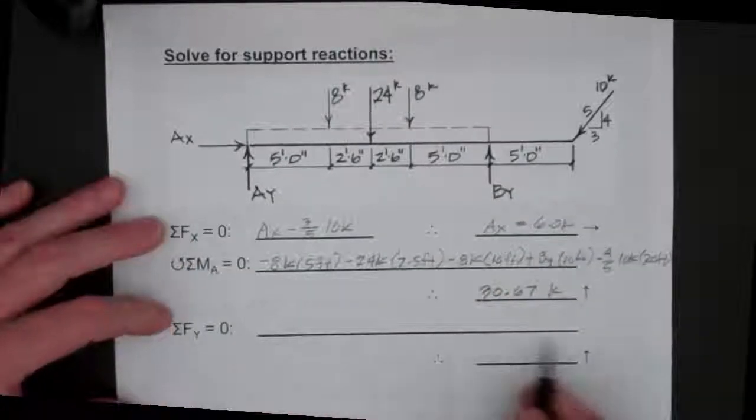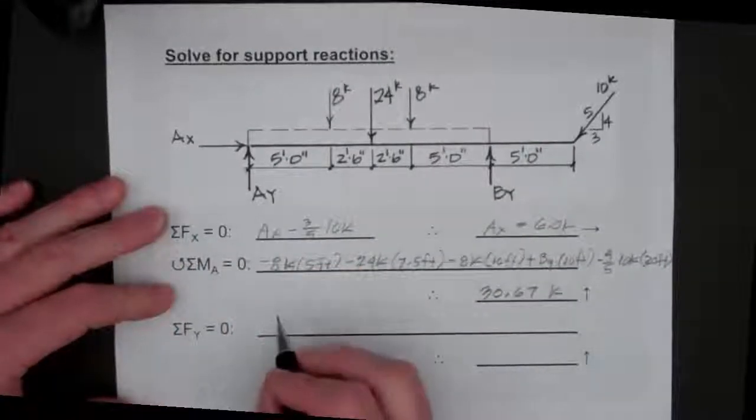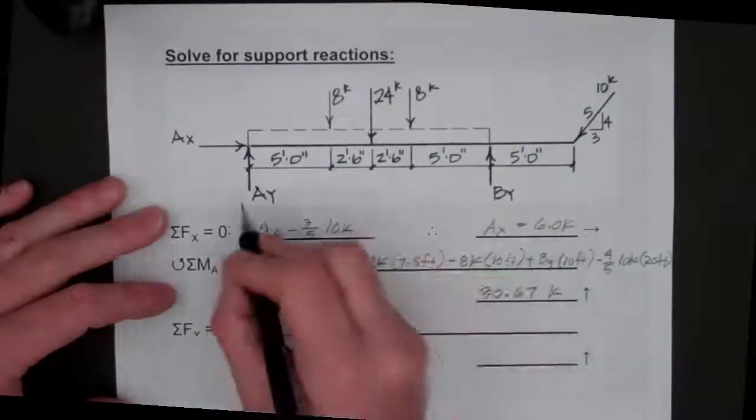And next we're going to take the sum of the forces in the y direction to find the other vertical reaction at AY.